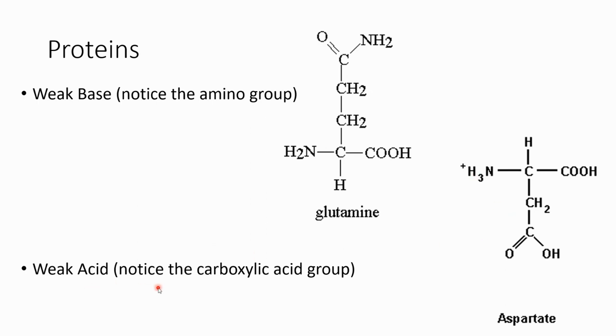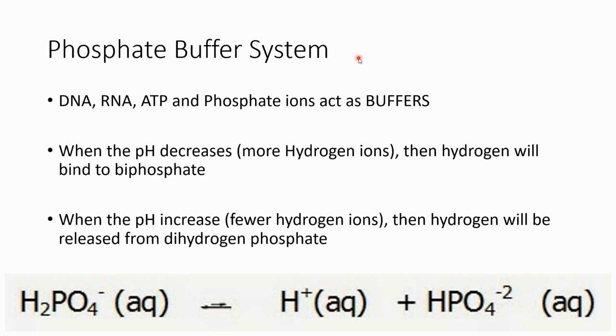And then you also have weak acid. So you've got a carboxylic acid right here off that main alpha carbon, but you've also got that carboxylic acid group right here, which makes it acidic. And this up here makes this a little basic. So those are those little functional groups that are coming off of proteins.